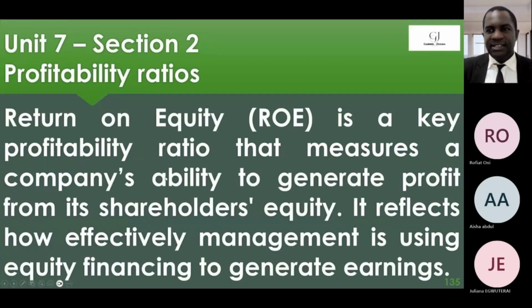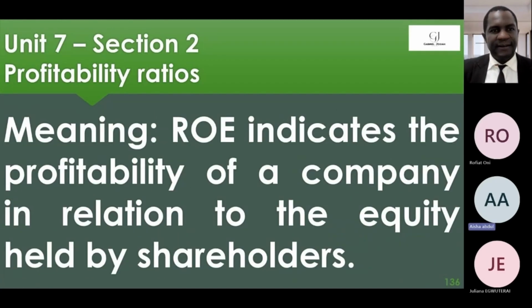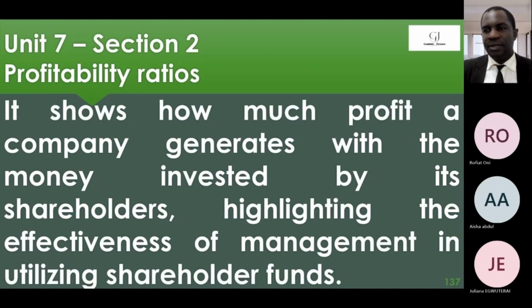Okay, so what does it mean? Now, the return indicates profitability of a company in relation to the equity held by shareholders. It shows how much profit the company generates with the money invested by shareholders, highlighting the effectiveness of management in utilizing shareholders' funds. So we want to see how management are able to use the owners' funds aside from any external debt.